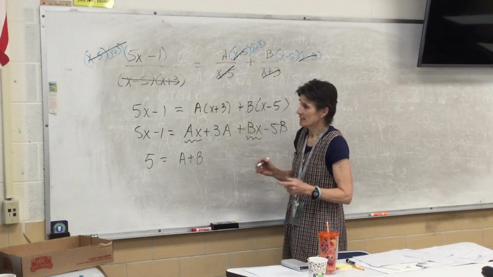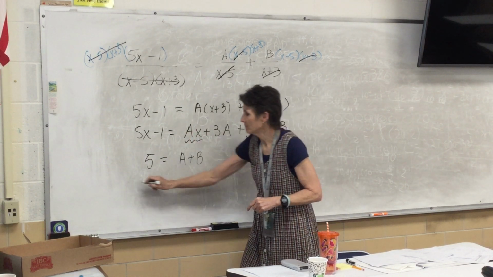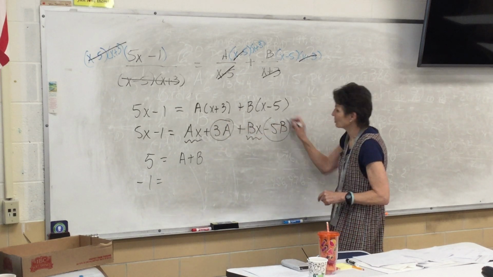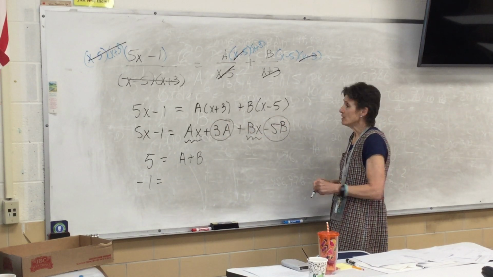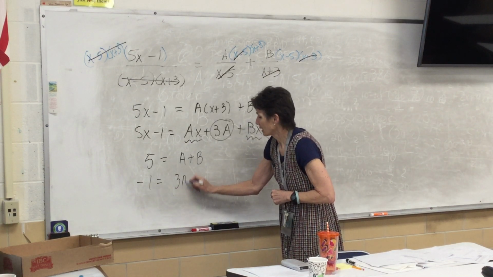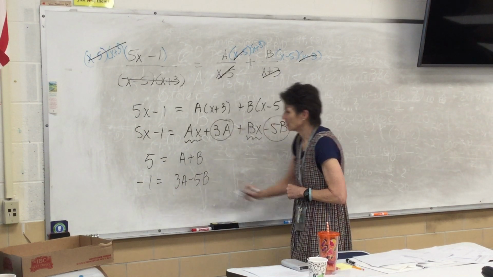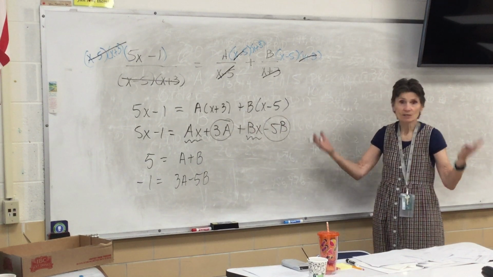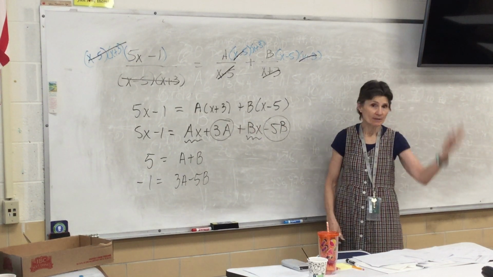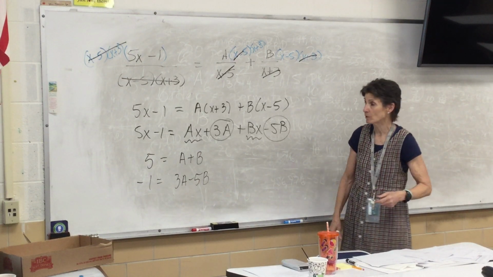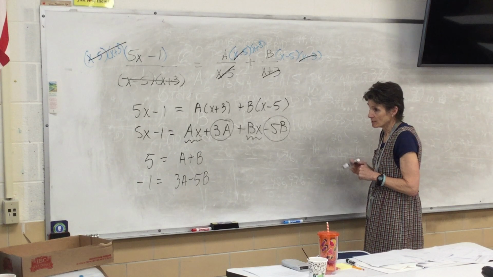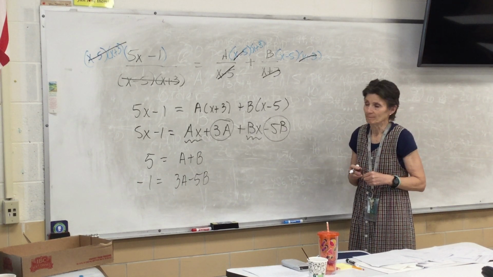And similarly, the constant term on the left has to equal the constant term on the right. So 3a minus 5b has to add up to -1. This is an equation. The x's over here got to equal the x's over here. The numbers over here have to equal the numbers over here. So now I have a system of equations that I can solve however I want.